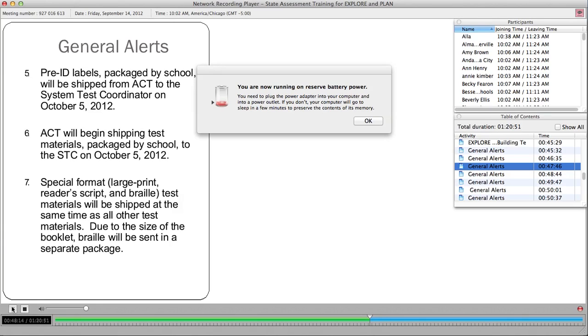The special format, large print, reader script will be sent with the other standard print booklets and other information, but due to its size, the Braille will be sent in a separate package. So the System Test Coordinator should get one shipment of labels for each school, one shipment of test booklets, answer folders, and other documents for each school, and then a shipment of Braille if that is applicable.